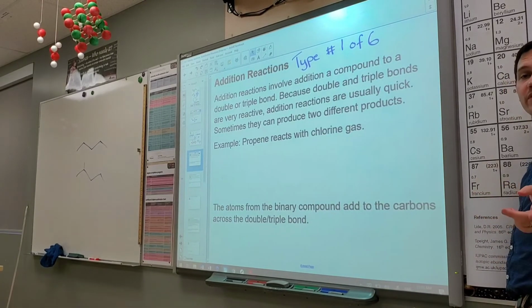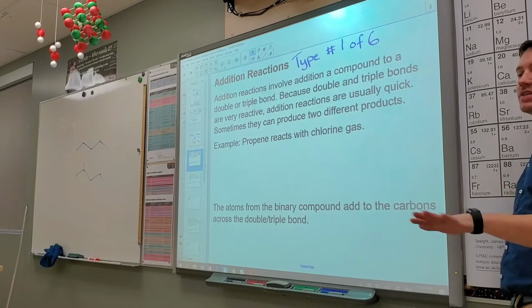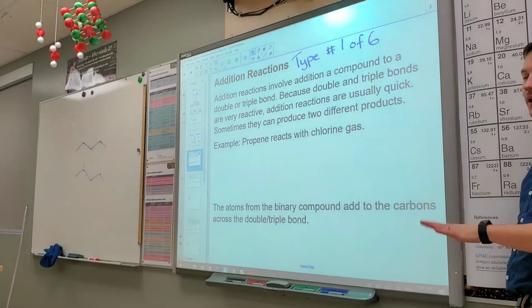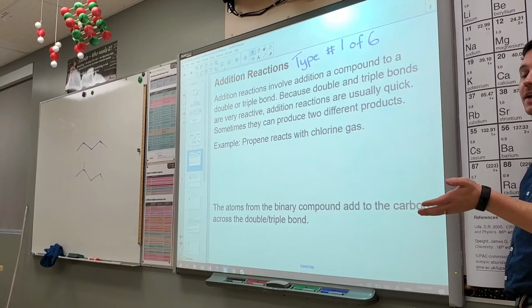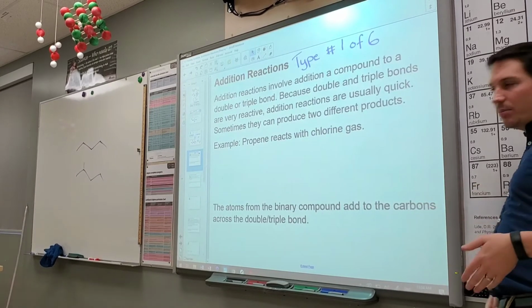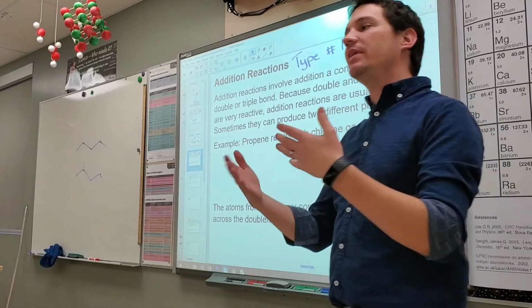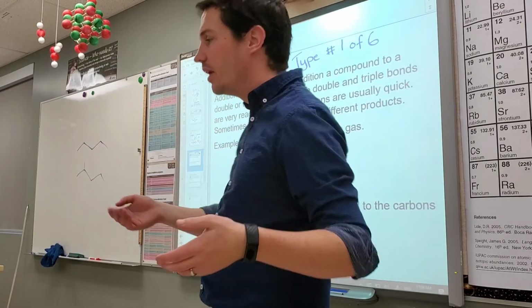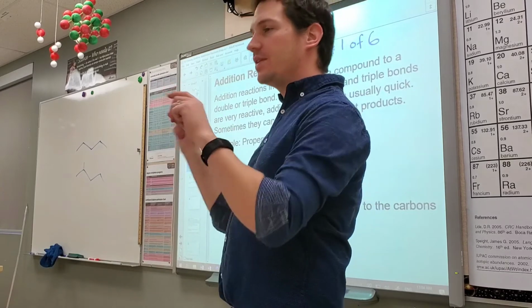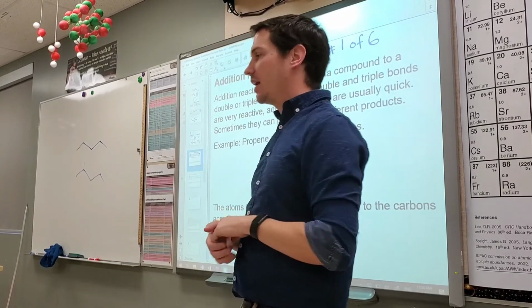Now, I do want to be very clear. Most of the time that we've spent in organic chemistry so far has been spent on naming and drawing. Would you agree with me? But that's because you got to get used to how organic compounds look to begin with. You have to get used to the different ways that we can represent organic compounds.